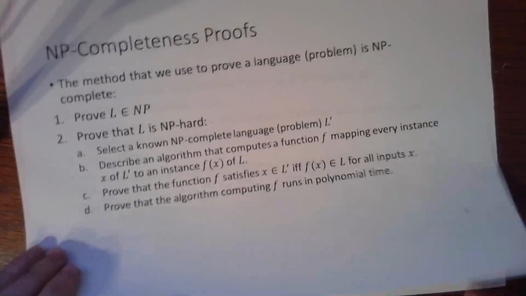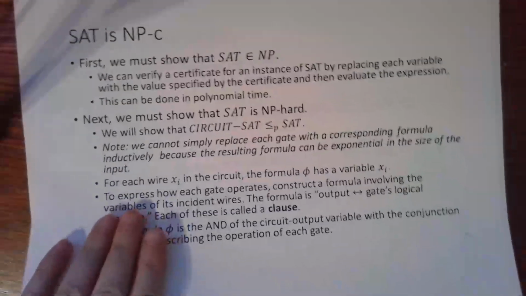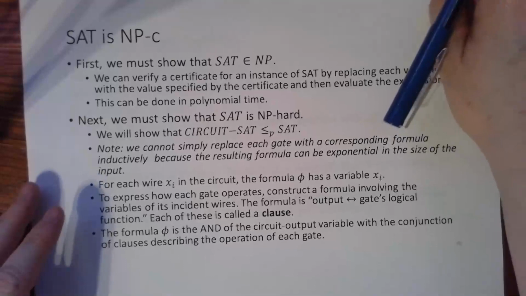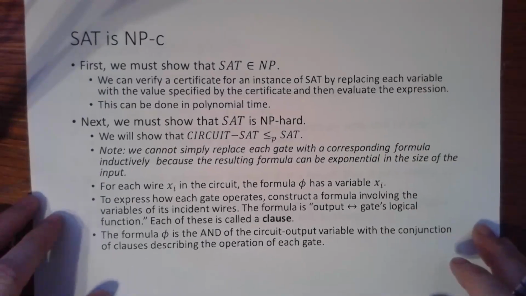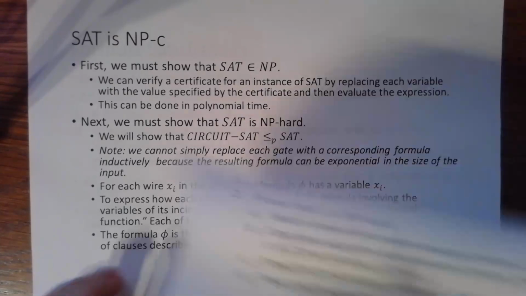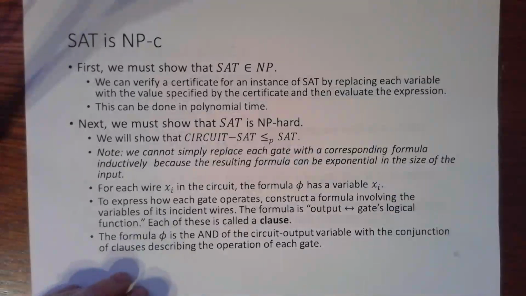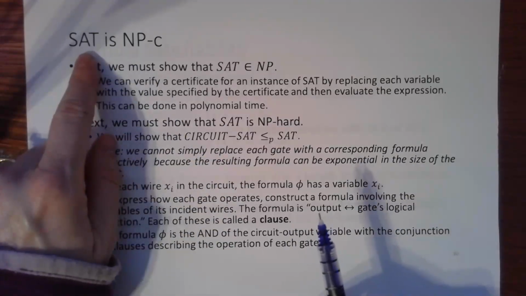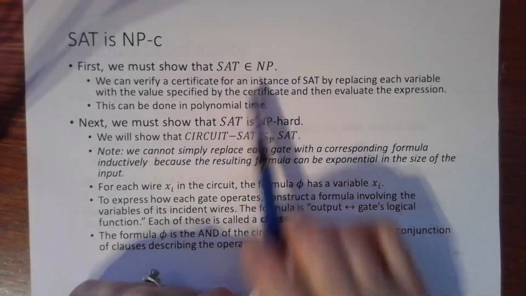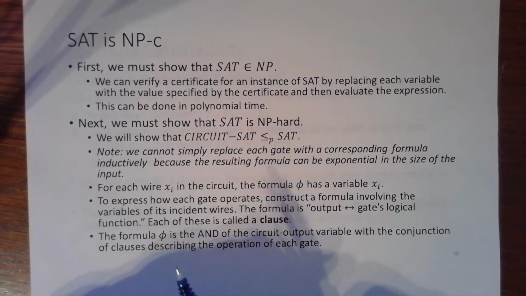Now that we've seen that outline, we're going to look at the proof that formula satisfiability, or SAT, is NP complete. First, step 1, we need to show that the problem is in NP. Can we verify satisfiability in polynomial time?